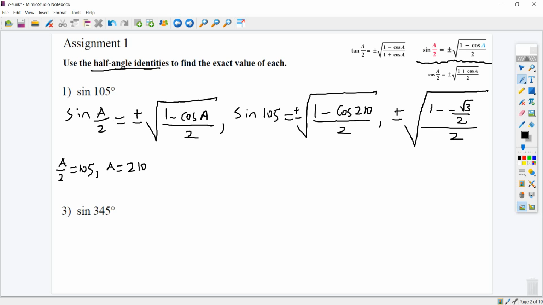So if you fix it, it's going to be 1 plus root 3 over 2, over 2. So the answer will be this, plus and minus. We can continue and simplify this more, but it's not our job right now.